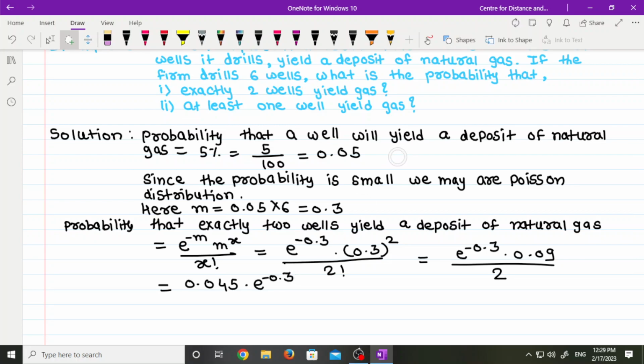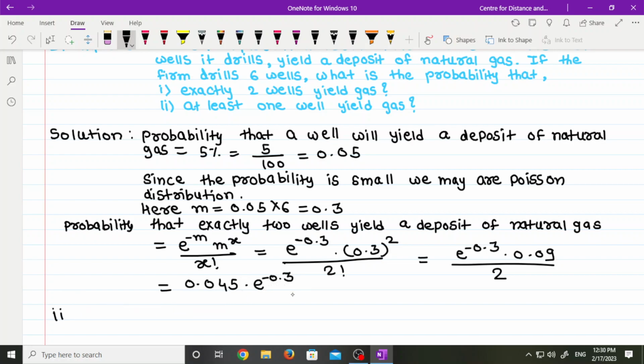But in this question the value of e raised to minus 0.3 is not given. So, we write e raised to minus 0.3 as it is.